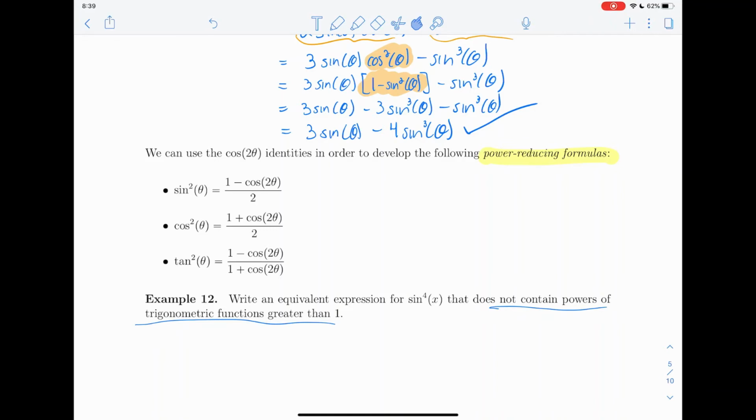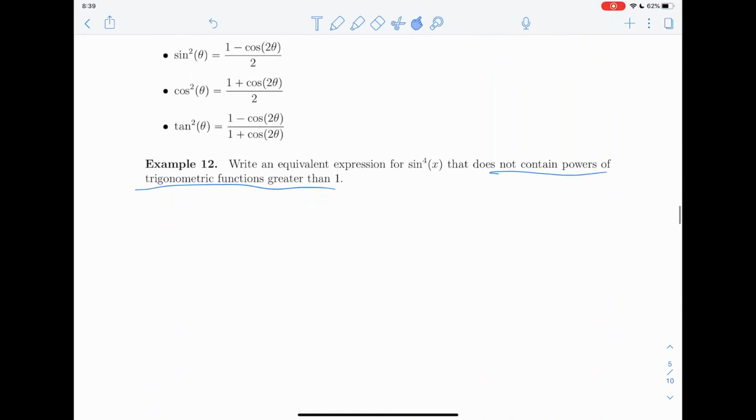The way to do this is to proceed exactly as I indicated in the beginning. You should start by noting that sine to the fourth of theta is, of course, none other than the square of the square. Sine squared has its own formulation as 1 minus cosine 2 theta over 2. So that's the same as 1 minus cosine of 2 theta all over 2 quantity squared.